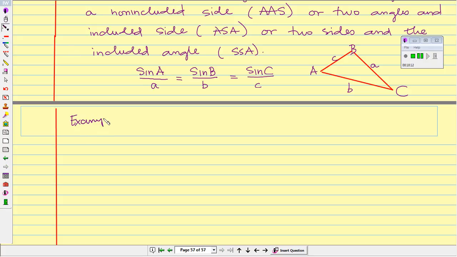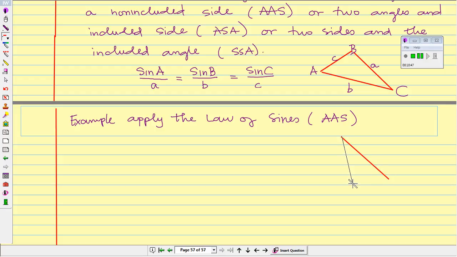In this example, we are going to apply the law of sines given two angles and one non-included side, so AAS. So let's get the picture or diagram.